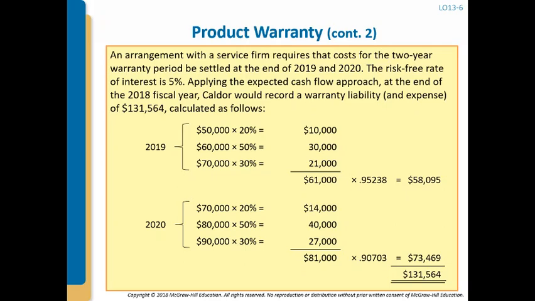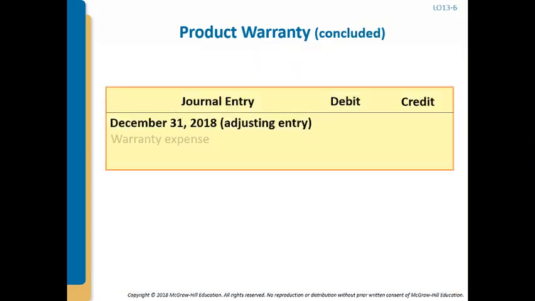So that gets you 73,469. You take that and add to the 58,095, and you come up with a total of 131,564. So that would be your estimated warranty liability.